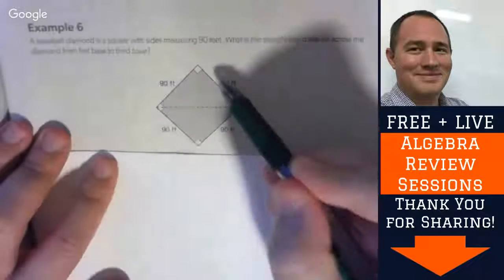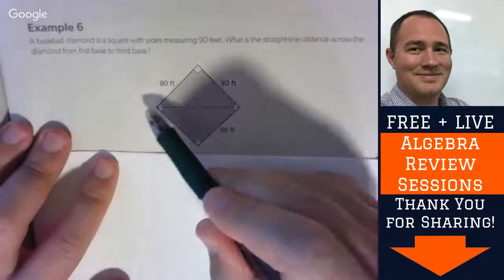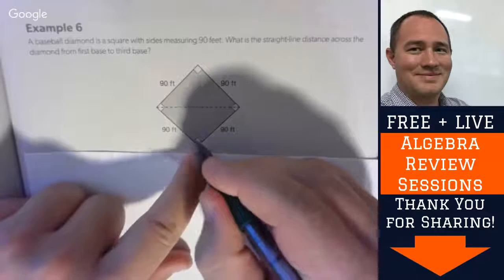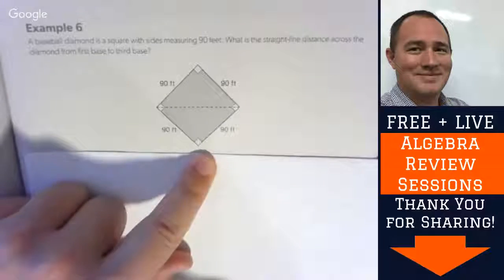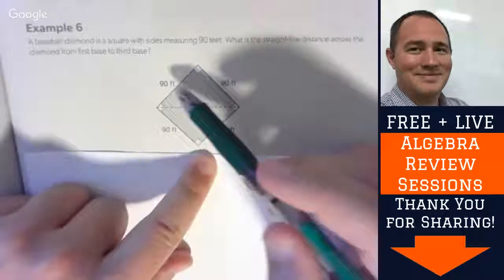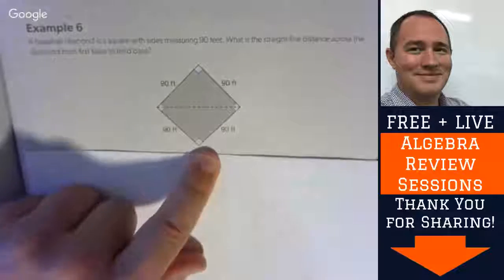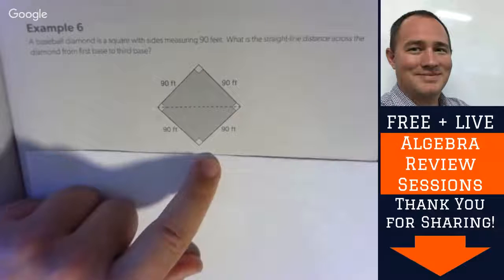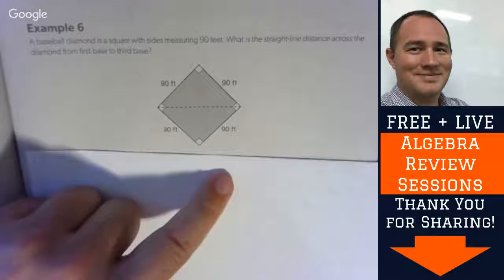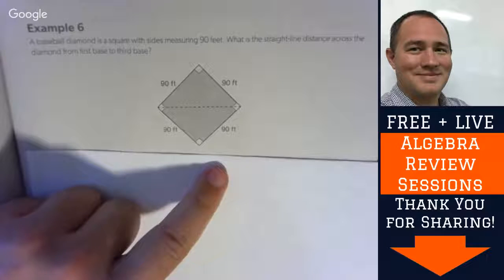Okay, this side is 90 feet, that side is 90 feet, this side is 90 feet, and that side is 90 feet. You can picture a baseball diamond. Maybe there's a batter and a catcher and an umpire down here. Field extends around here. We're talking about a baseball diamond. So what is the straight line distance across the diamond from the first base to third base?